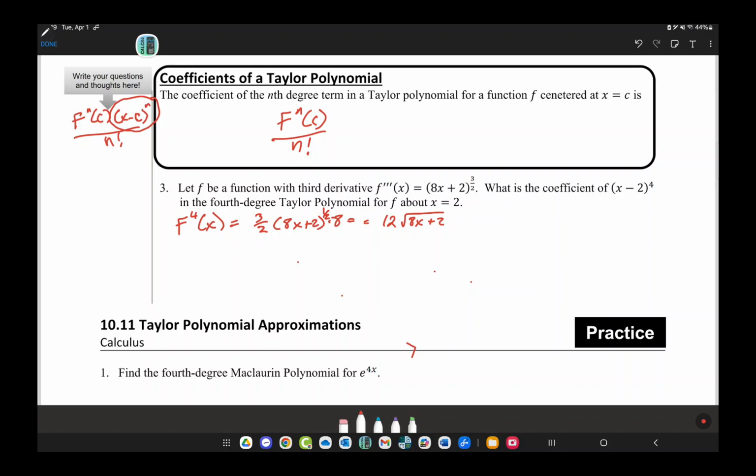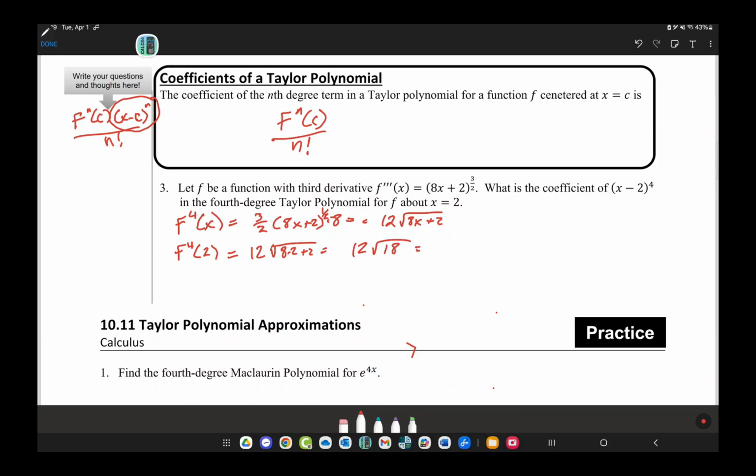Now what do I have to do to find the coefficient? Go to the center. What's the center? 2. So that would be 12 times the square root of 8 times 2 plus 2.